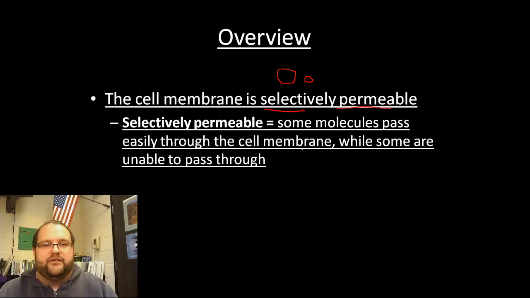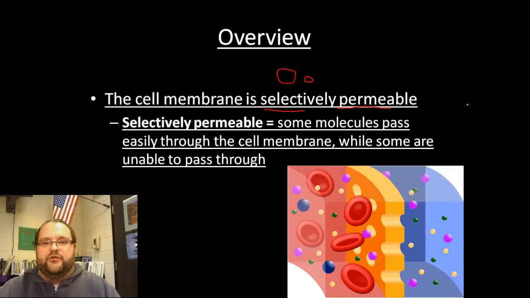So selectively permeable, here's a definition for you. Some molecules pass easily through the cell membrane while some are unable to pass through. And if we look at this picture here, just to make sense of this, the yellow thing here is the cell membrane. And we notice that there are lots of molecules here. In our cell membrane, we notice we have pores or holes.